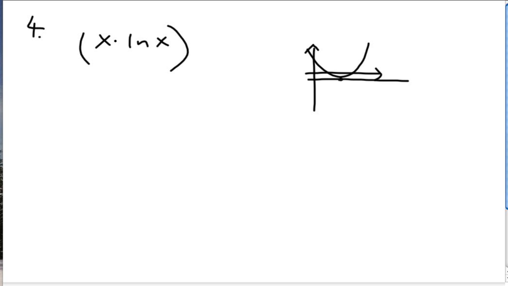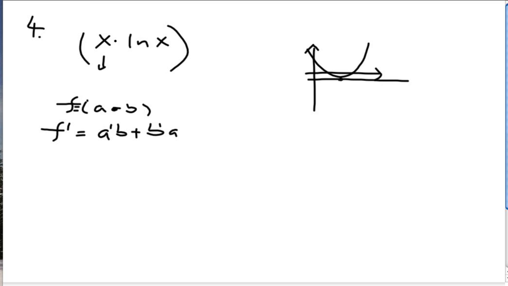So we find the derivative function of this equation using the product rule. Let's review the product rule again. F equals A times B. The derivative would be A prime B plus B prime A. So here we go.